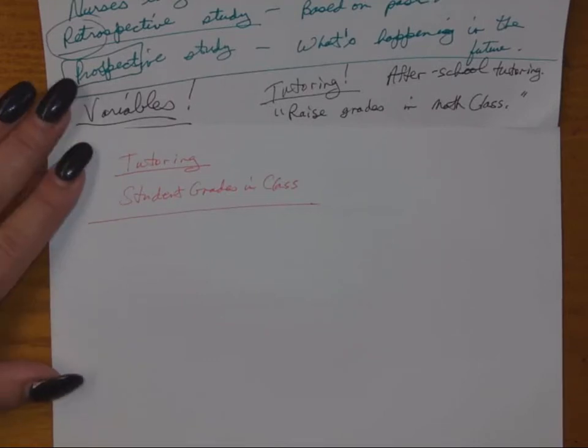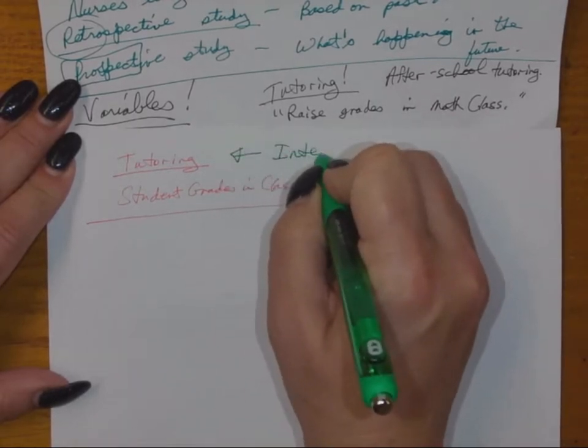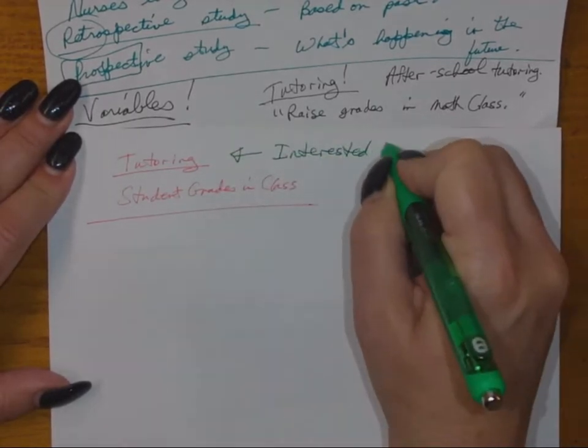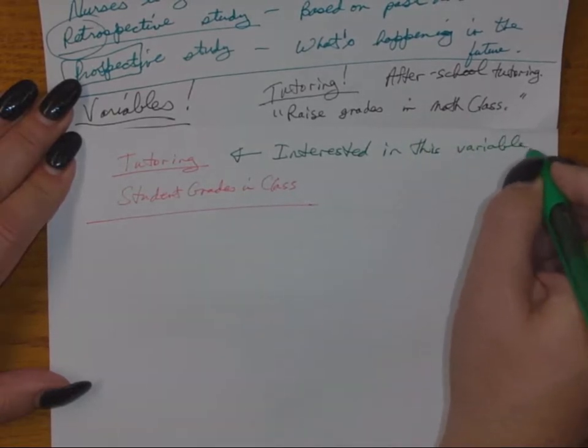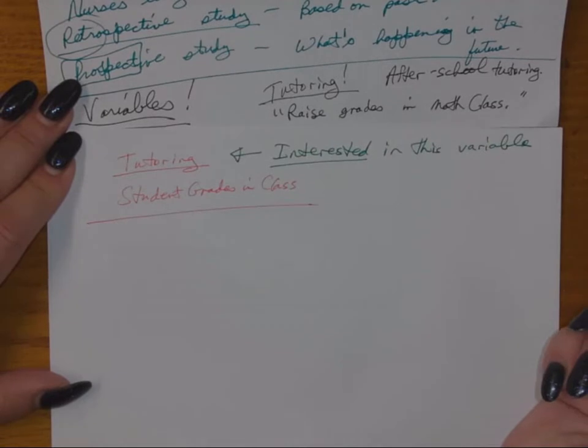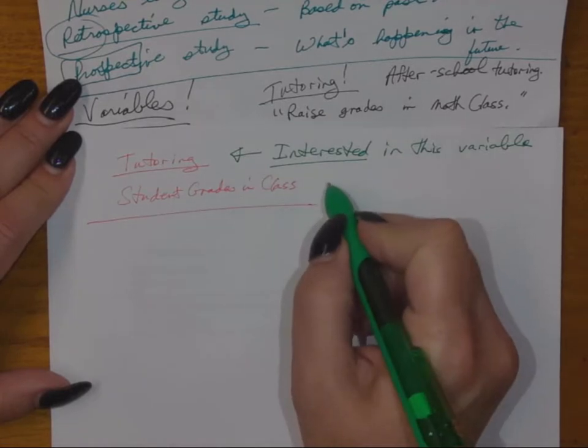So what I'm interested in is I'm interested in whether or not this will help. Right? So it's the variable of interest. And the grade, whether or not it goes up and down, is what we would call respond.